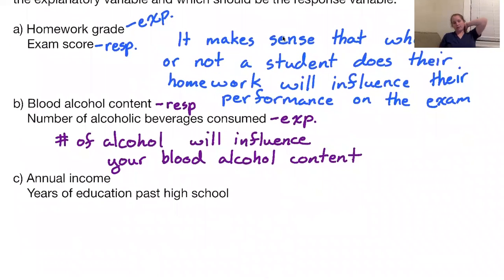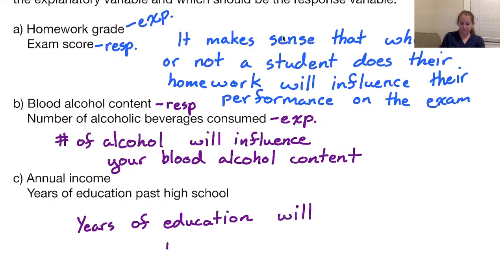And one more. Annual income versus years of education past high school. Right? One of the main reasons people go to school after high school is in an effort to better their circumstances, to make it so that they have the chance to earn more money. So it's much more likely that the years of education will influence your earning potential, right?